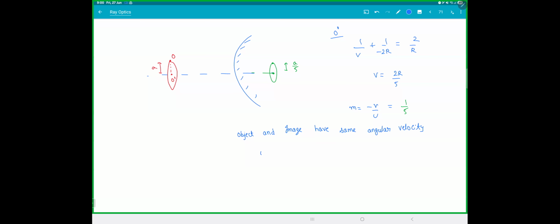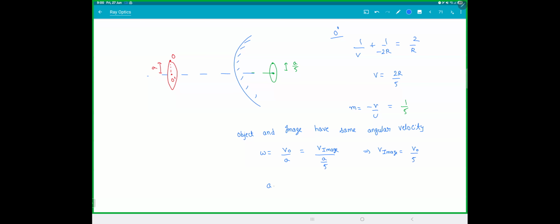So therefore, omega will be v naught by a for the object. For the image, it will be v image by a by 5. Therefore, velocity of the image will be v naught by 5.